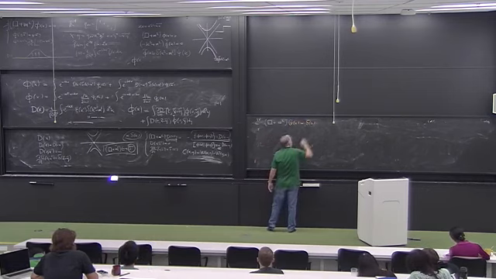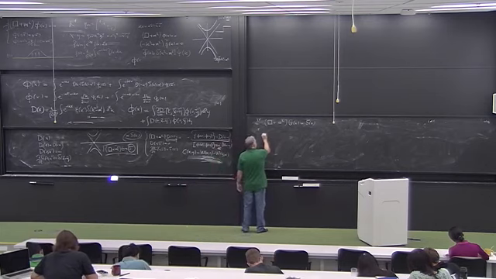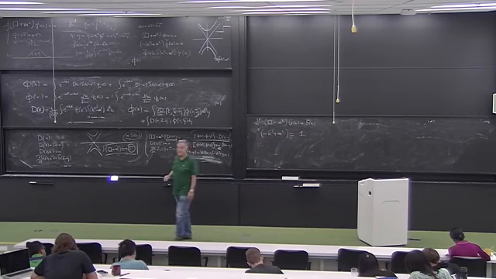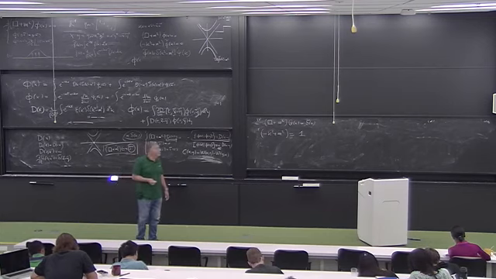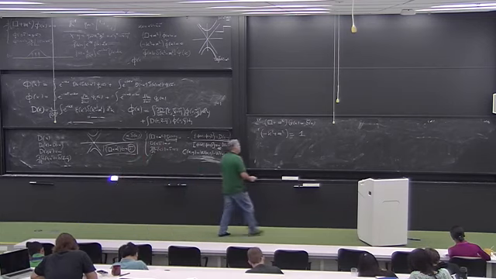Once more, you go by Fourier transforming. The Fourier transform of the delta function is 1. So G of k.